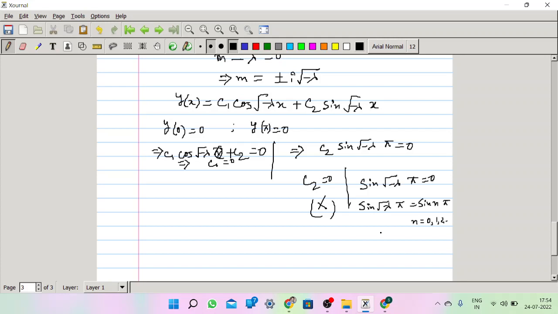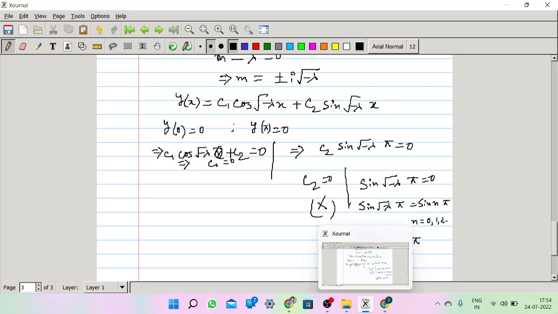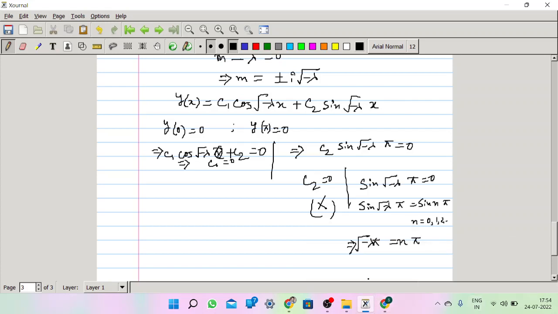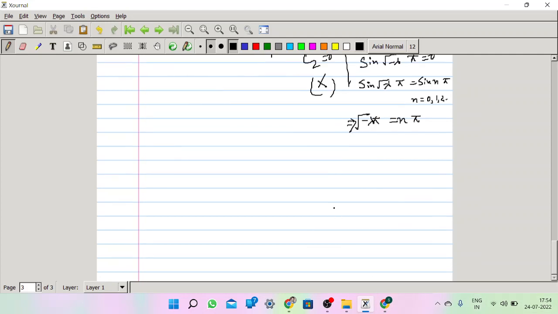So this implies that root over minus lambda pi equal to n pi. So it implies that lambda equal to minus n square. But I take n from 1 up to infinity, that is, n is a natural number.